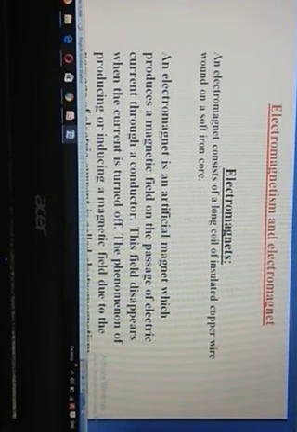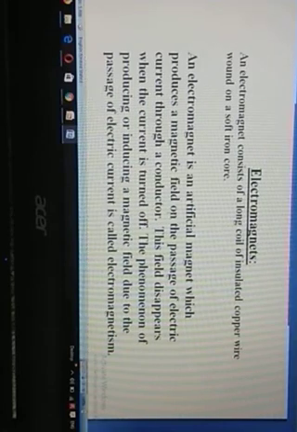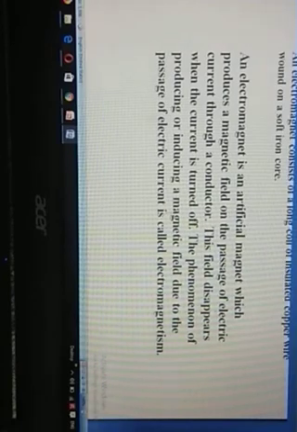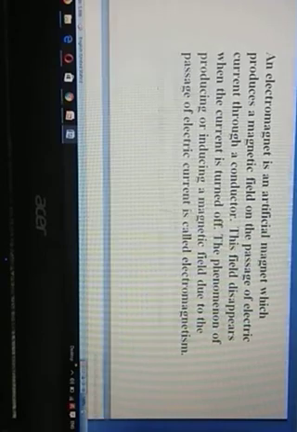An electromagnet consists of a long coil of insulated copper wire wound on a soft iron core. An electromagnet is an artificial magnet which produces a magnetic field on the passage of electric current through the conductor. This field disappears when the current is turned off. The phenomenon of producing or inducing a magnetic field due to the passage of an electric current is called electromagnetism.